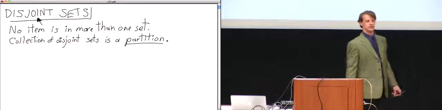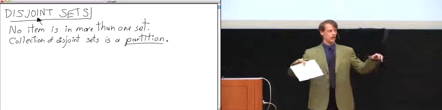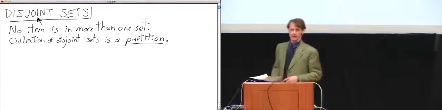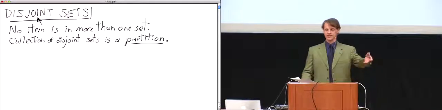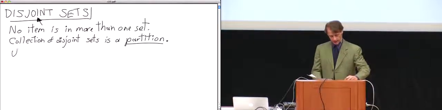Partition is also a verb. We say that we partition a bunch of items into a bunch of different sets. Like at your local school, they partition the kids into the first grade, the second grade, the third grade, and so on. And we will have a universe of items.